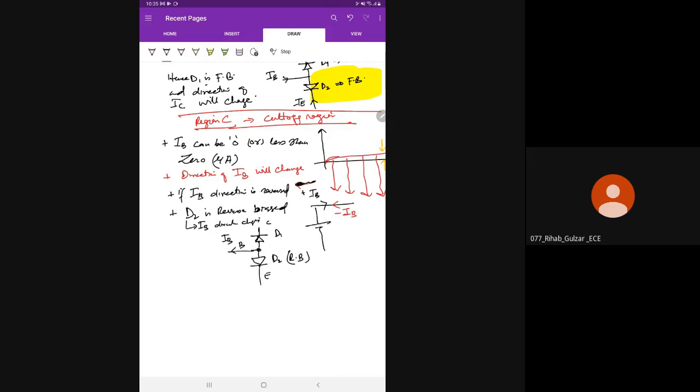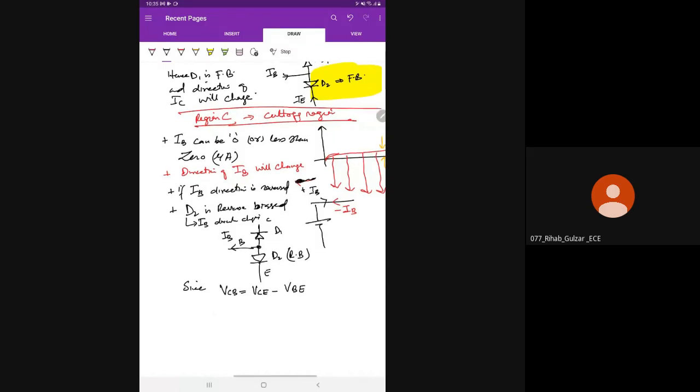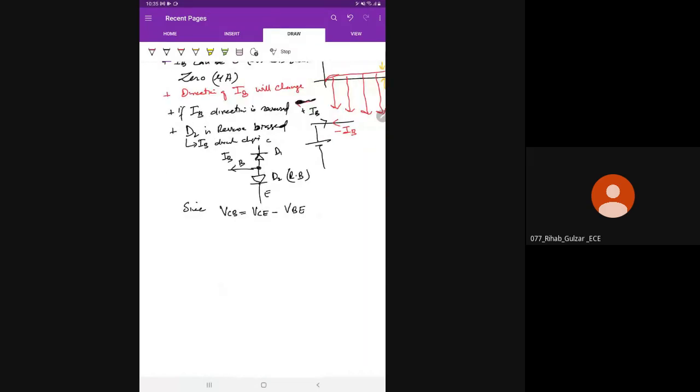Now see, since we know that VCB is equal to VCE minus VBE, and we also know that VCE is much greater than 0.